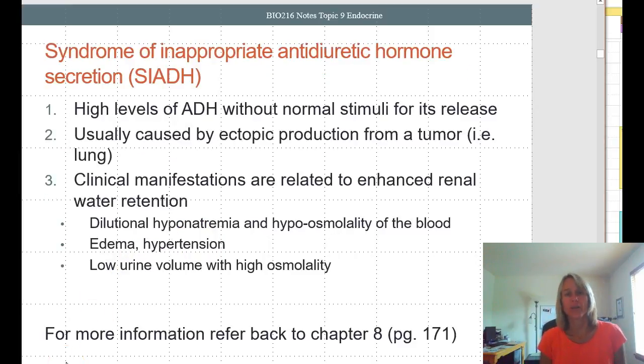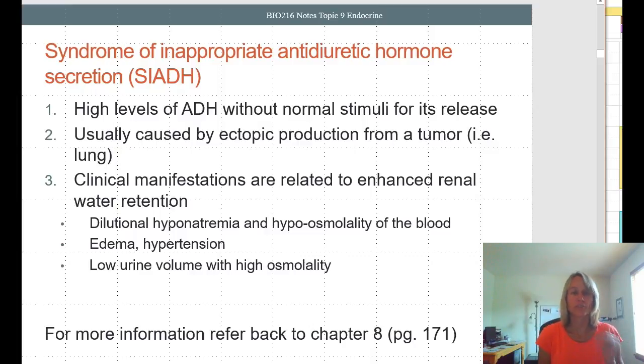Syndrome of inappropriate ADH secretion is where we have high levels of antidiuretic hormone without the normal stimuli for release. So normal stimuli for release of ADH would be, I'm sorry, I just said that exactly backwards.